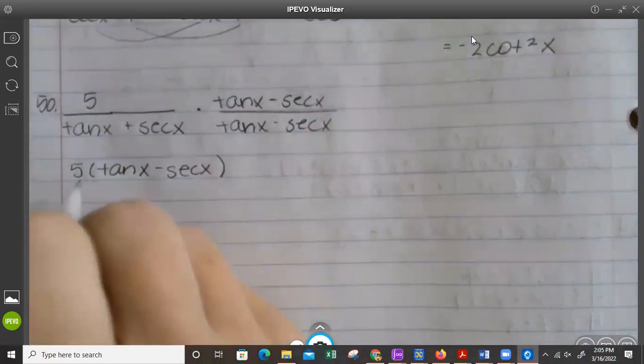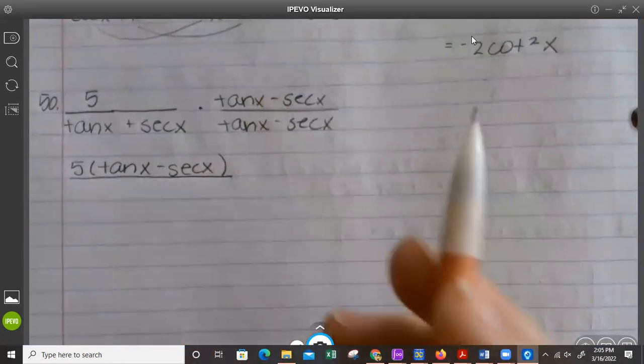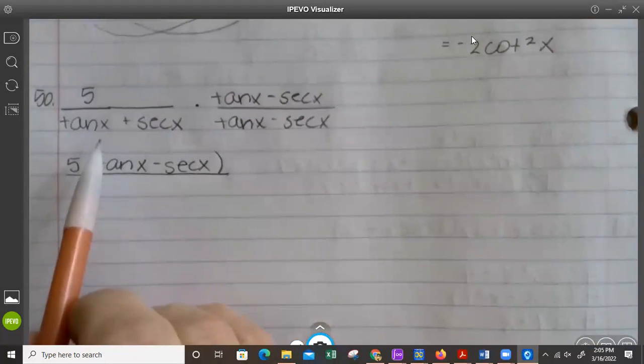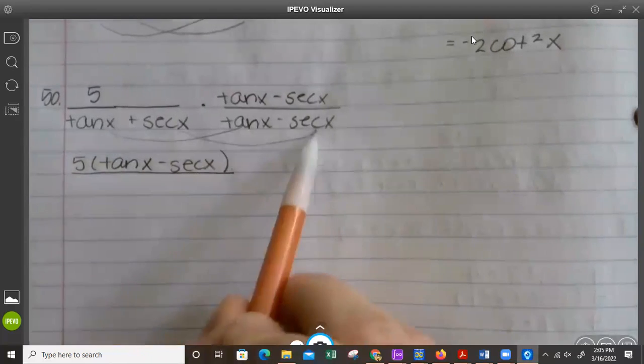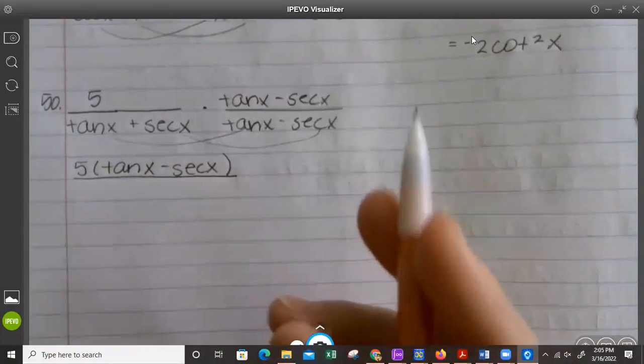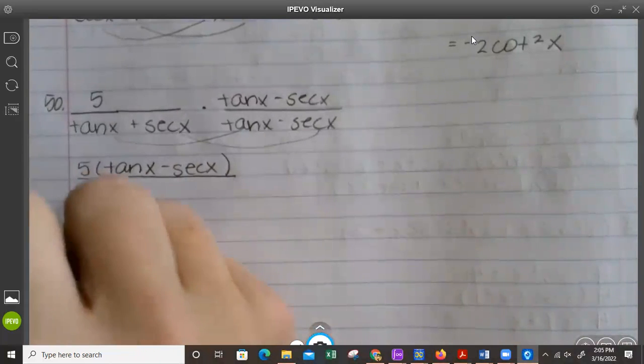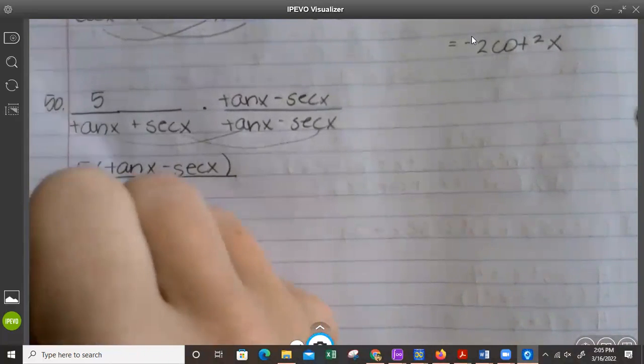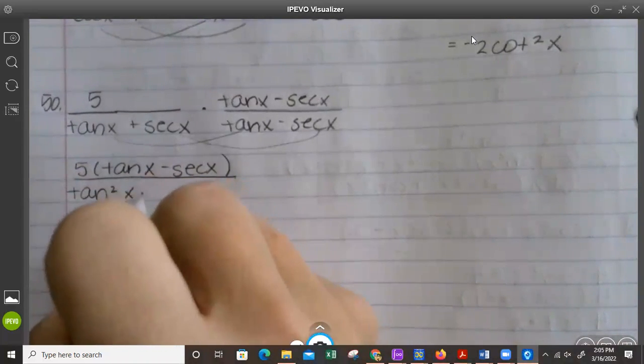On the bottom, what are you going to multiply? The first and the last, yeah, they're the same except for signs. Tan x times tan x, tan squared x. Secant x times negative secant x.